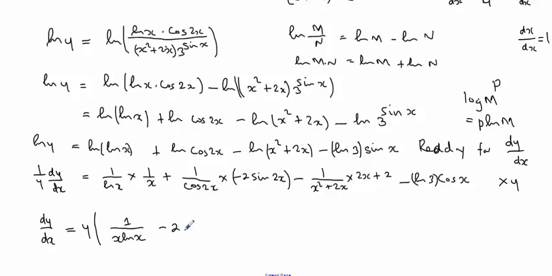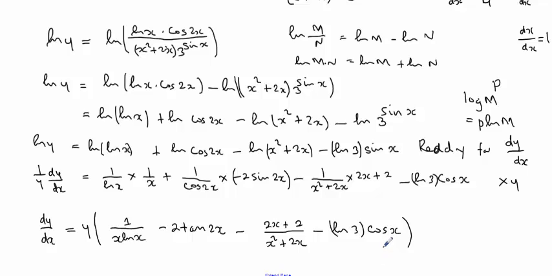Then you can simplify that and write that as tan 2x, then minus 2x, plus 2 over x squared, plus 2x minus ln 3 cosine x. Then your exercise is completely done.